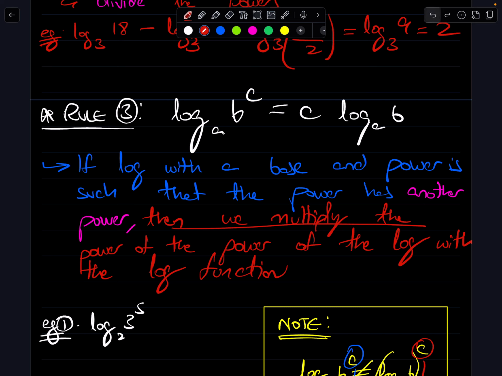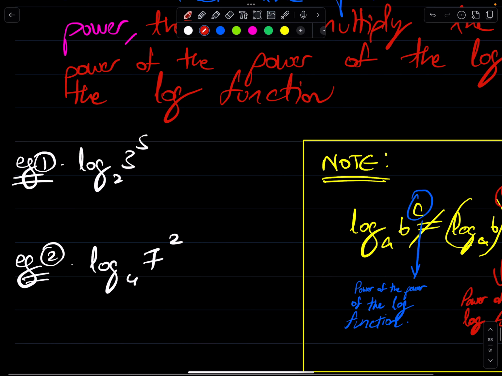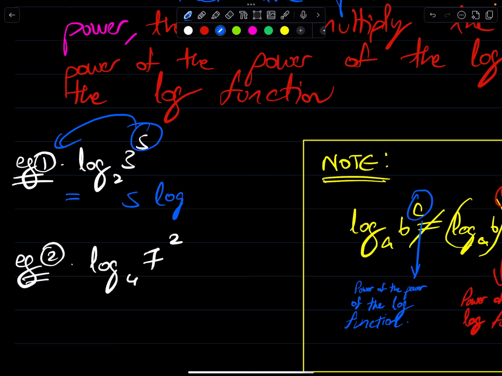That is, we take this power of the log here and multiply this with the log function. For example, in this case, we can take 5 there, and this would become 5 multiplied by log base 2 of 3.